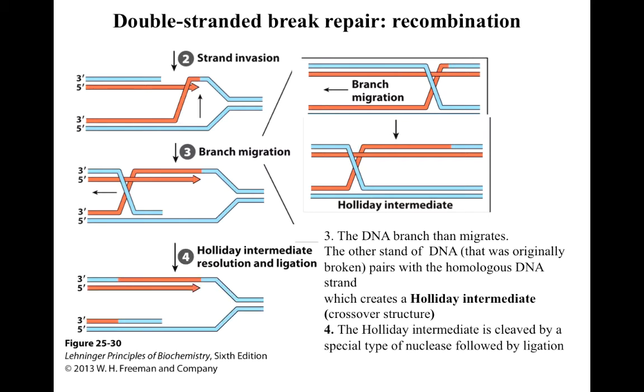And then the Holliday structure will then become resolved by cleaving it using a special type of nuclease, followed by ligation of the nicked DNA. And so the overall process is going to then reconstruct the replication fork.